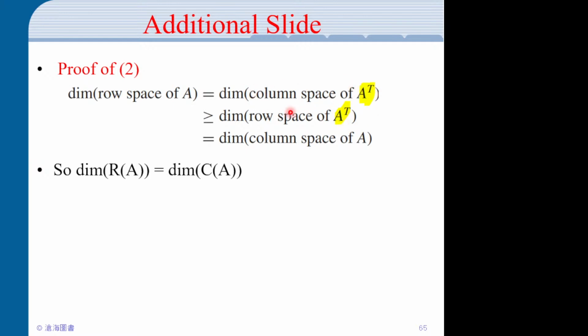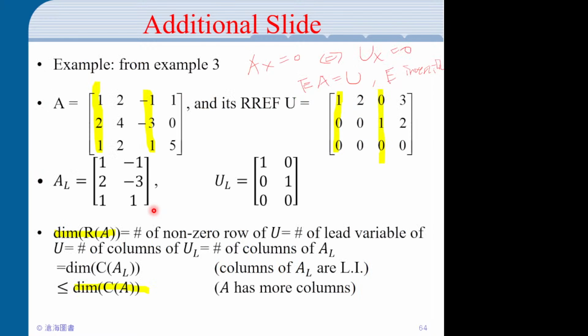So the column space of AT is the row space of A, and the row space of AT is the column space of A. And so you also prove that the dimension of the row space of A is greater or equal to the dimension of the column space of A. Both of those things must be greater or equal to each other, so they must be equal to each other. Okay. And yeah, so that's the proof.